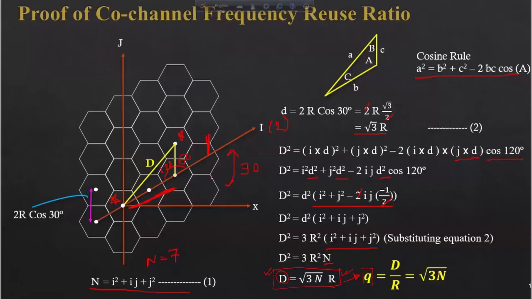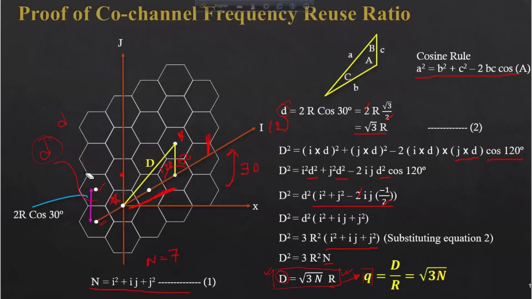This point is known as the cell center, and the distance between two adjacent, neighboring cell centers is denoted by small d. This is one cell center, this is another cell center. This is small d, the distance between these two neighboring cell centers.